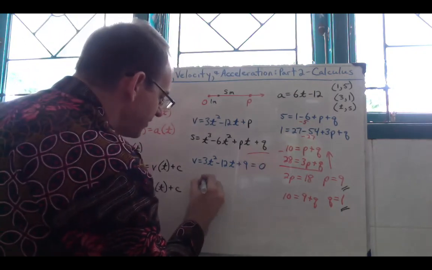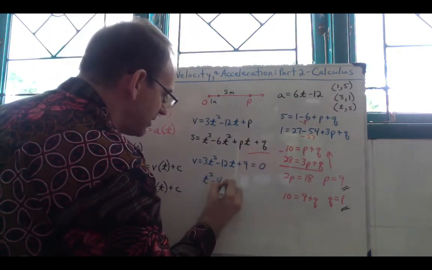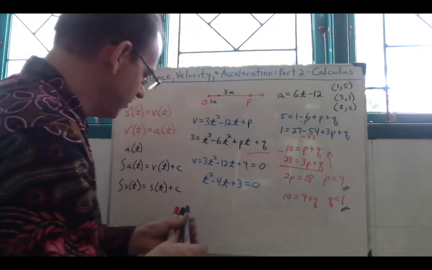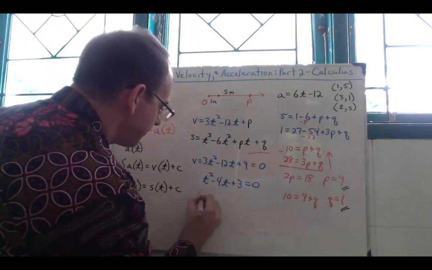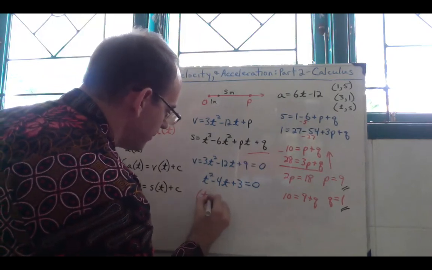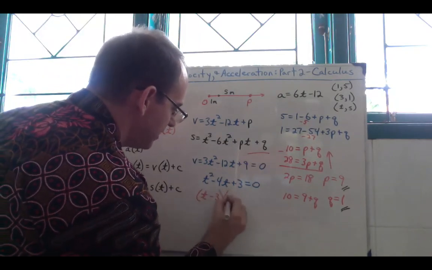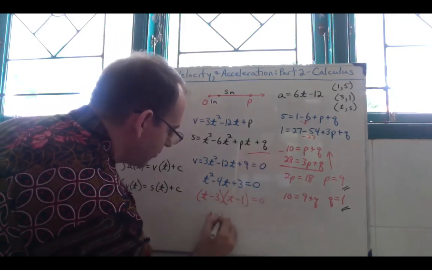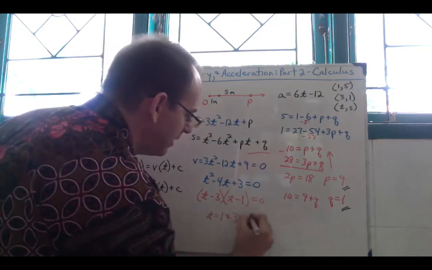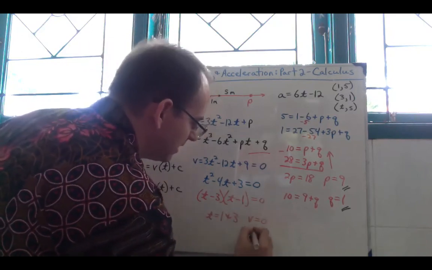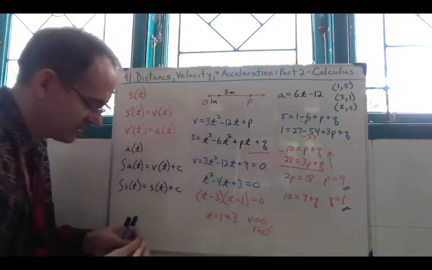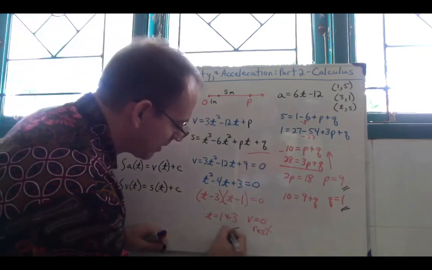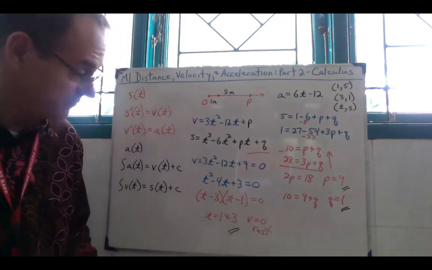So that gives us t squared minus 4t plus 3 equals 0. Now we can factor this quite easily: t minus 3, t minus 1 equals 0. So at t equals 1 and t equals 3 is where our velocity is 0, or at rest. These are our two answers.